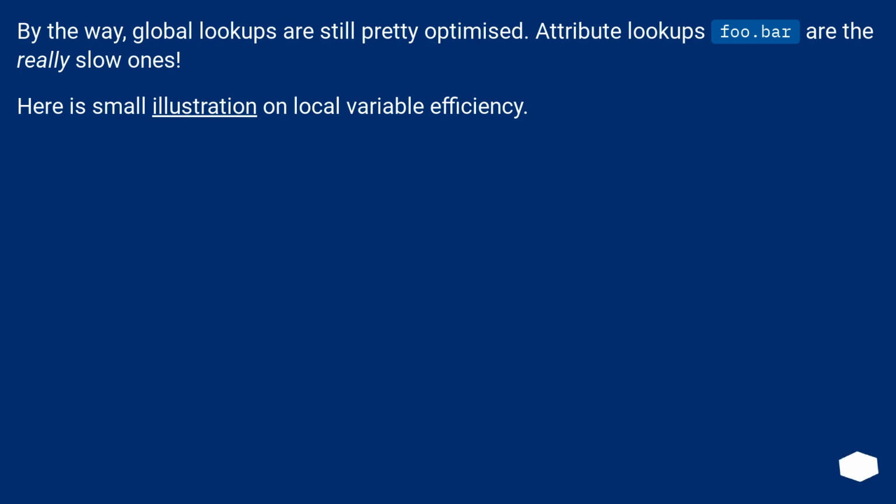By the way, global lookups are still pretty optimized. Attribute lookups like foo.var are the really slow ones. Here is a small illustration on local variable efficiency.